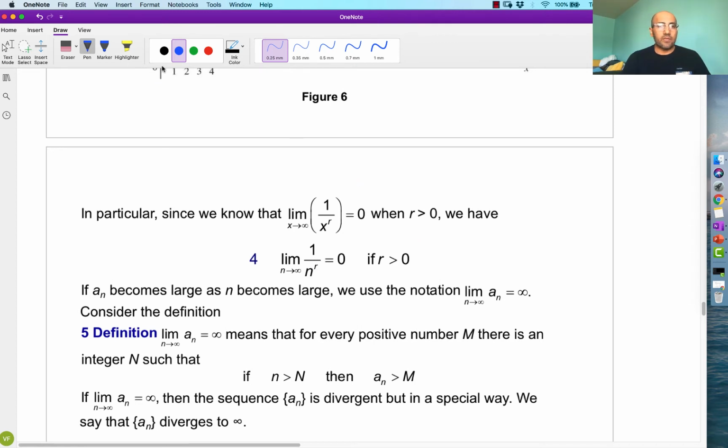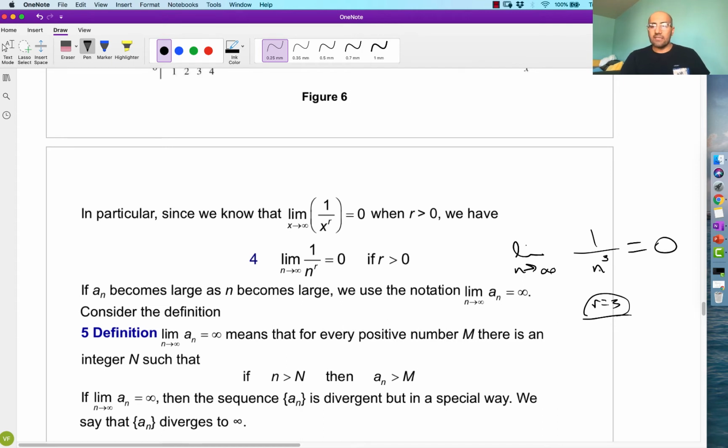Right? So what is this telling me? This is telling me that if I'm staring at the limit as n goes to infinity of 1 over n to the power of 3, and I'm thinking, what is this? Well, here r equals 3. It's just an example I came up with, and this is saying that if r is strictly greater than 0, then the limit must be 0.